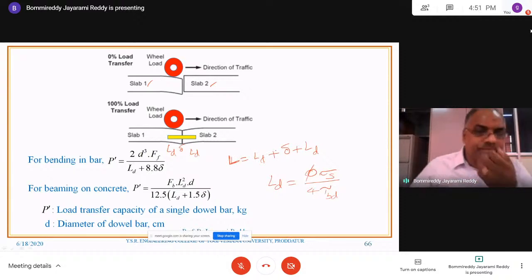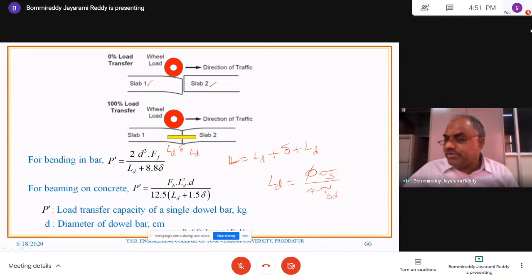If the dowel bar is provided between the two slabs, then what is going to happen? Slab 1 will deflect, but at the same time part of the load will be transferred to slab 2, so that the damage will be less.